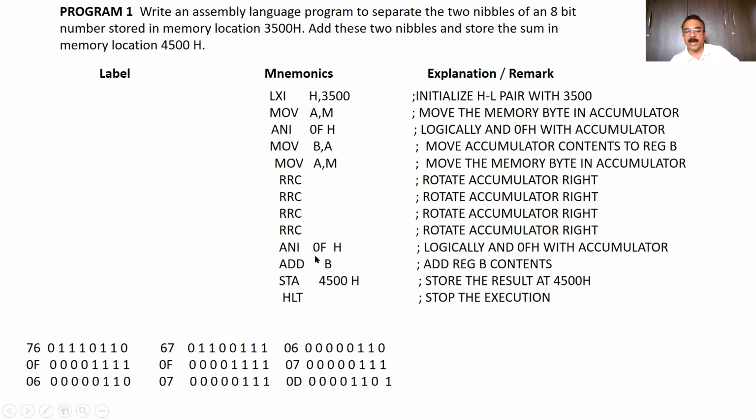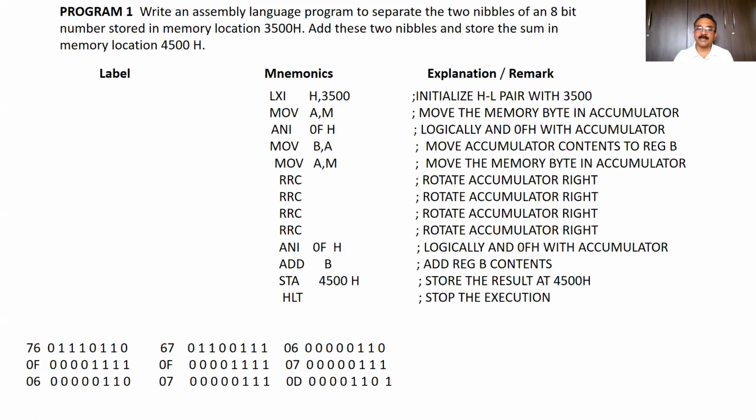So after this ADD B, you will get the answer 0D in the accumulator, and that answer we are asked to store at 4500. So we used the instruction STA, store accumulator direct, where the memory location is asked in the statement. So in this program, what we understood is, since there is only one byte, we don't require a counter for the number of bytes.